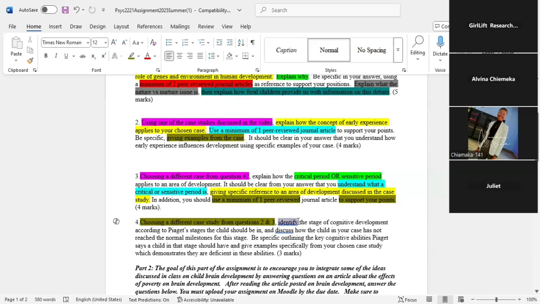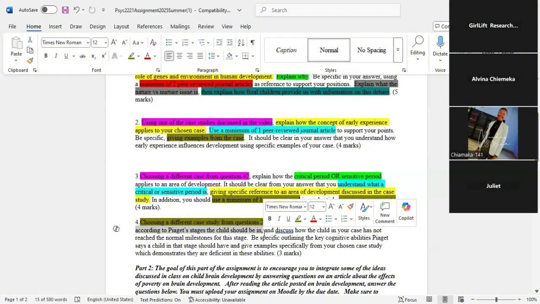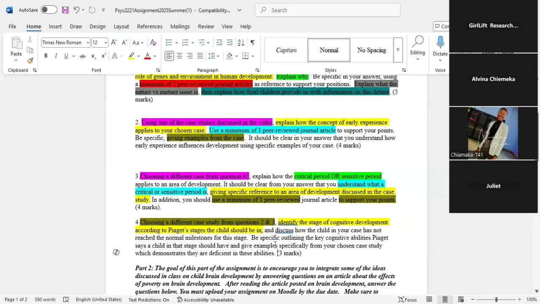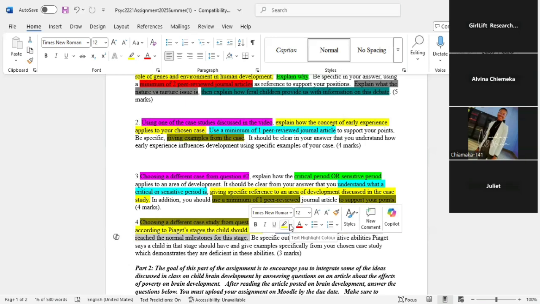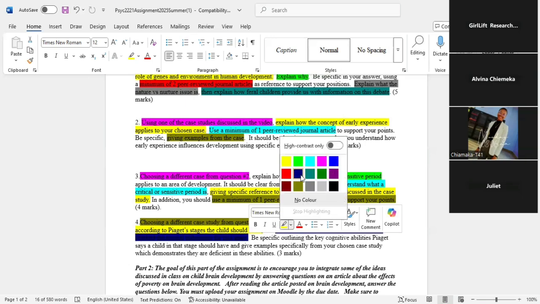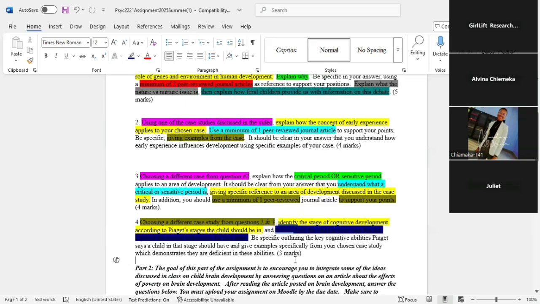We identify the stage of cognitive development according to Piaget's stages the child should be in, and discuss how the child in your case has not reached the normal milestone for this age. Yes, please. We should also highlight discussing how the child has not reached the normal milestone. You guys should be helping me. Okay, so almost there. Let me see the next line. Be specific.